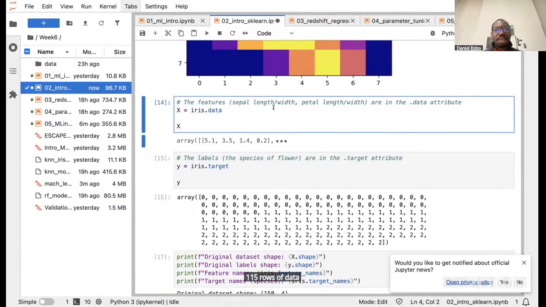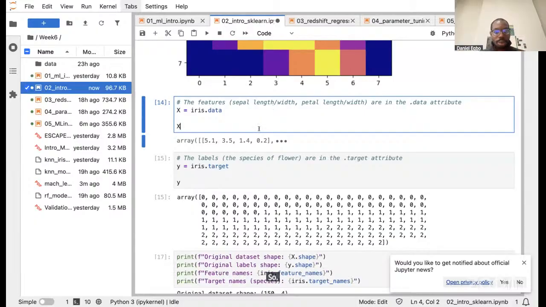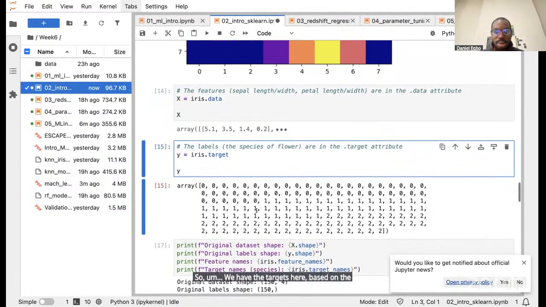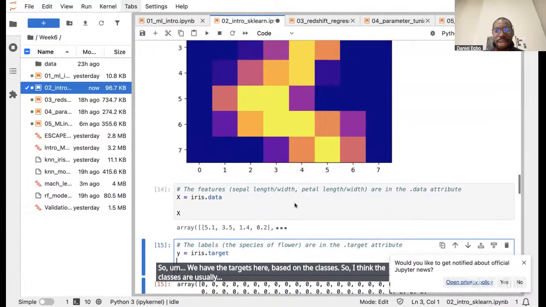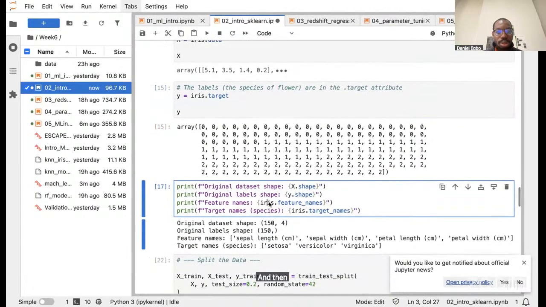It contains the plant's sepal length and width, and petal length and width. Some of you in agric science or biology might understand this way better than I do. We have the targets here based on the classes. I can't figure that out here, but you can read more about it. And then what you do is also inspect the data.